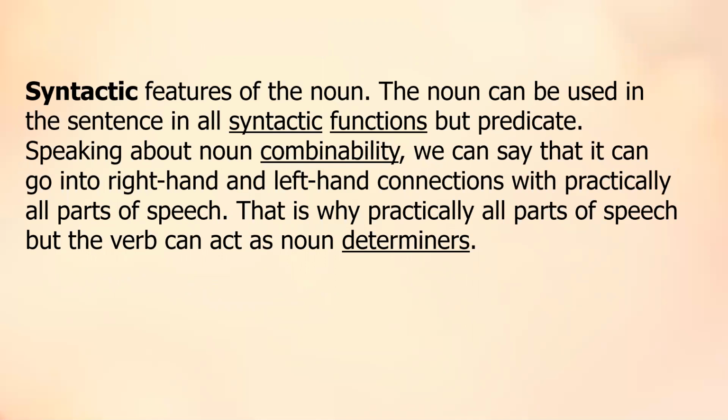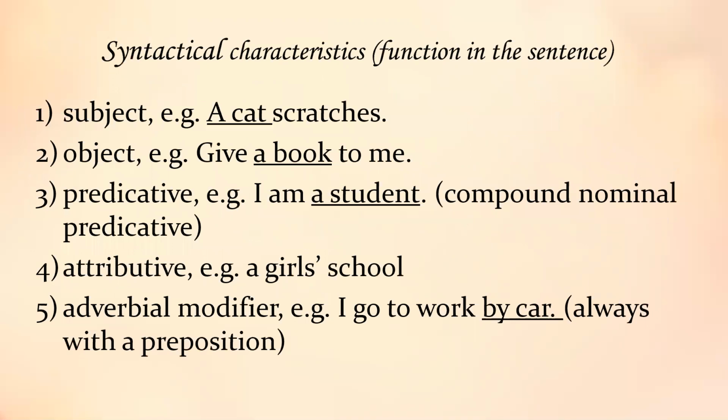The noun can be used in the sentence in all syntactic functions but predicate. Speaking about noun combinability, we can say that it can enter into right-hand and left-hand connections with practically all parts of speech. That's why practically all parts of speech, but the verb, can act as a noun determinant.